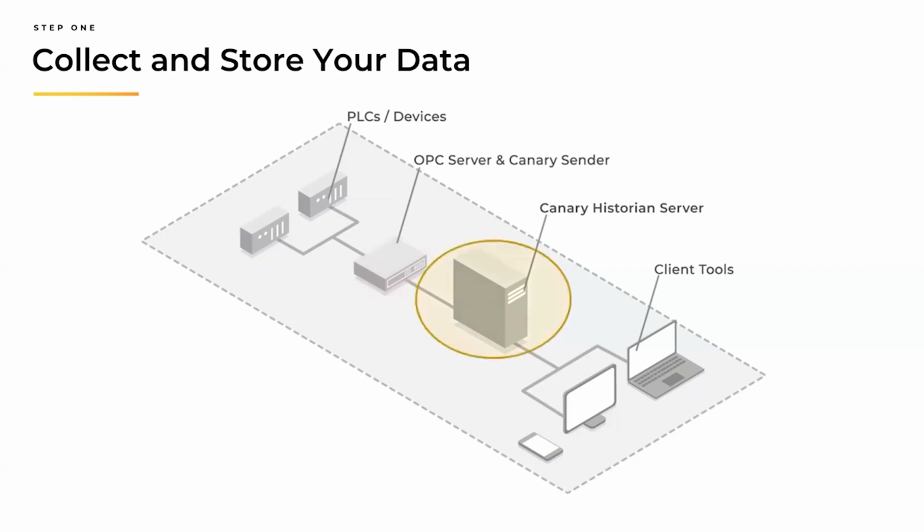And then build out the Canary Historian server with the rest of the software, which the client tools would connect to. And now it's important to note that the historian does not impact the PLCs or the devices. It can't write records back through an OPC server or MQTT broker to those devices. The client tools have no way to impact the OPC server because that access stops at the historian.